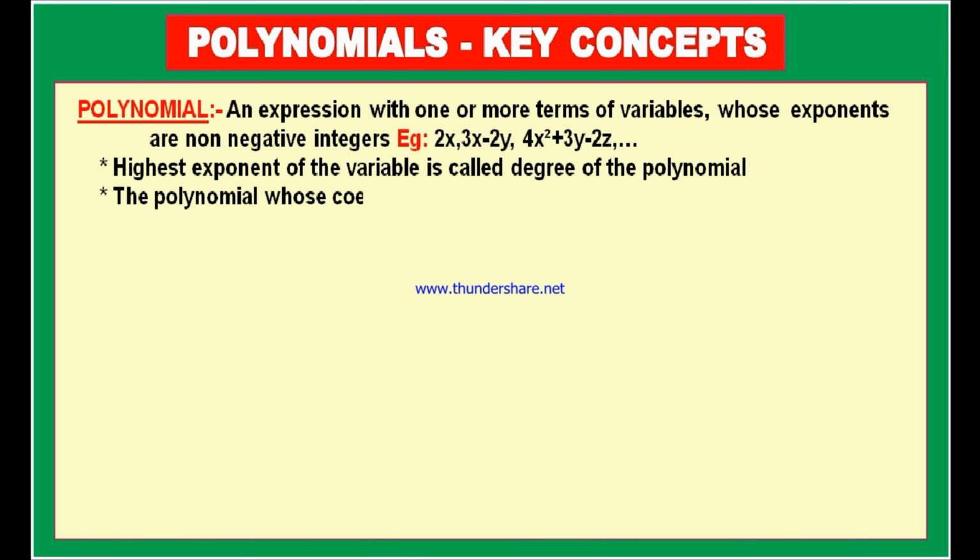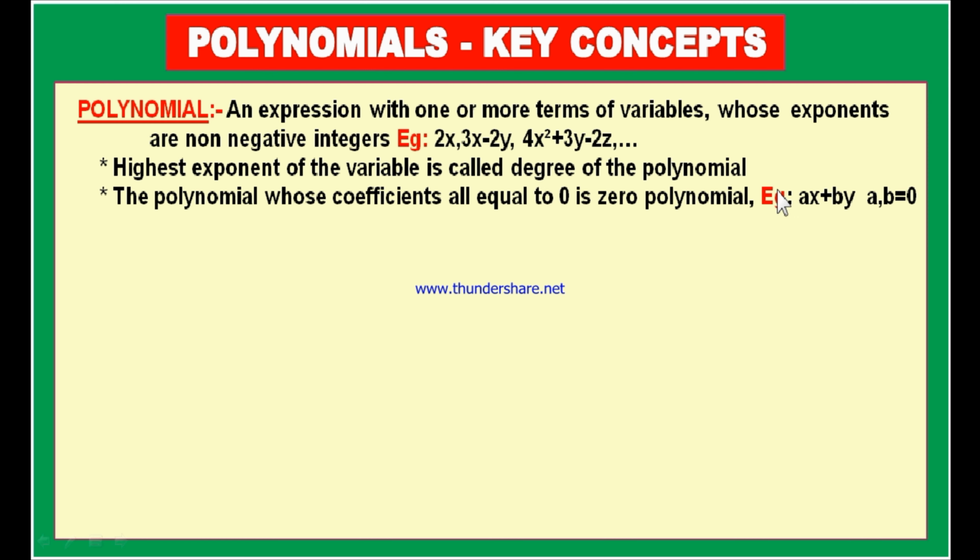Now dear students, a polynomial whose coefficients are all equal to 0 is called a zero polynomial. I shall repeat, the polynomial whose coefficients are all equal to 0 is called a zero polynomial. For example, if ax plus by is a polynomial, here x and y are variables and a and b are coefficients.